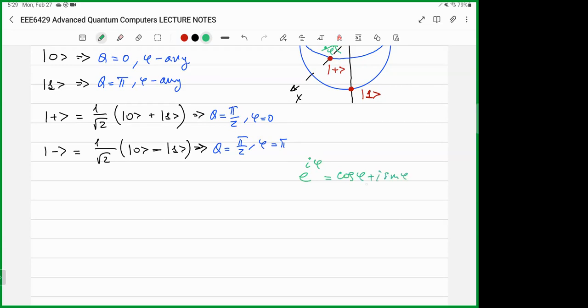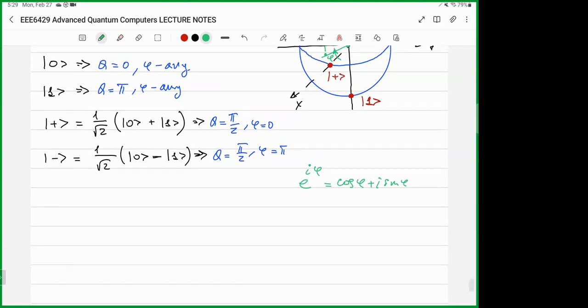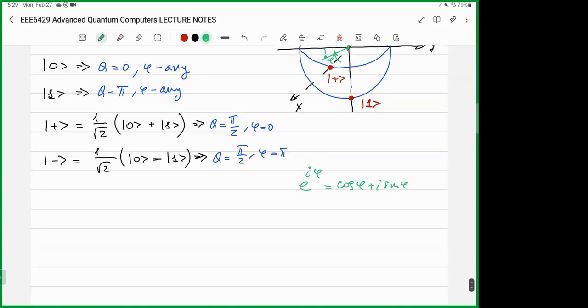When I plug in pi into this formula, cosine pi gives me -1, and sine pi is equal to 0. So I get -1.